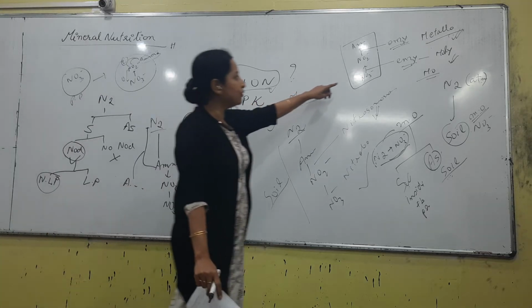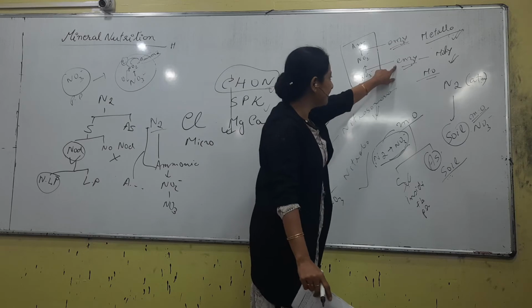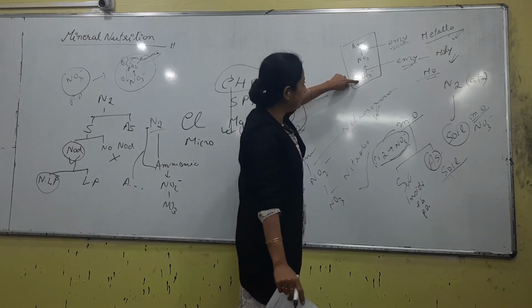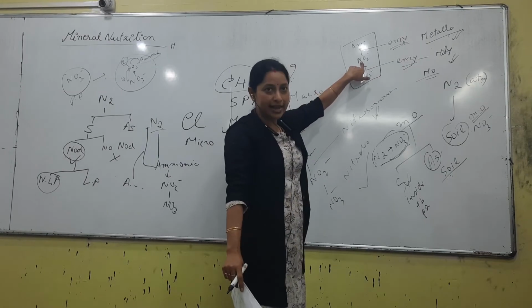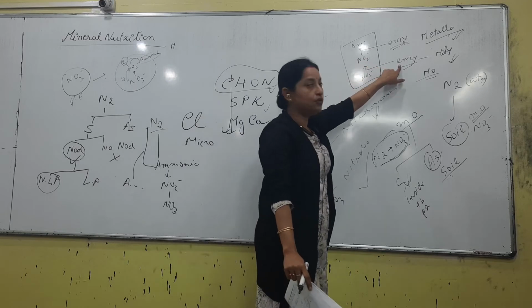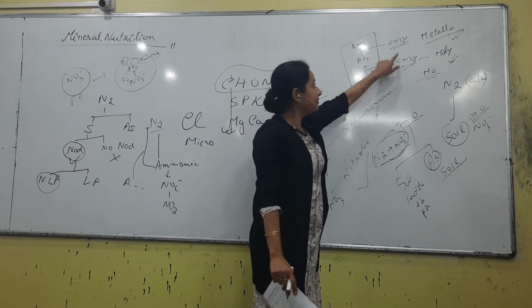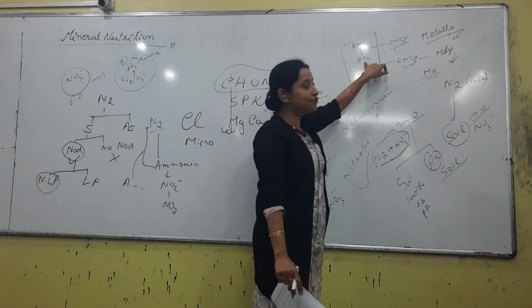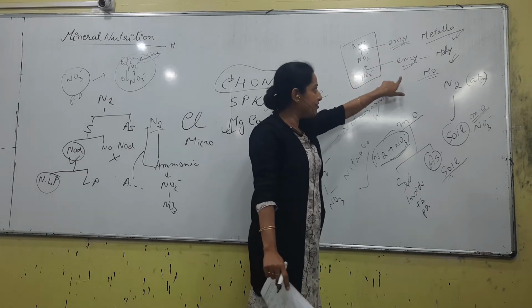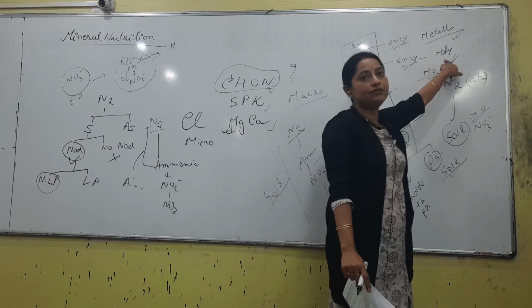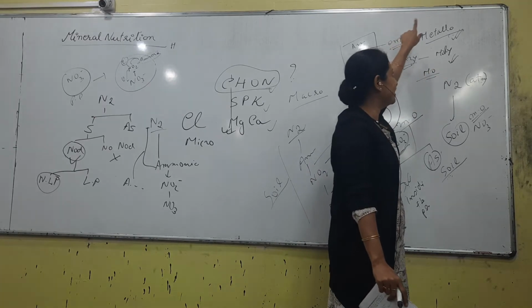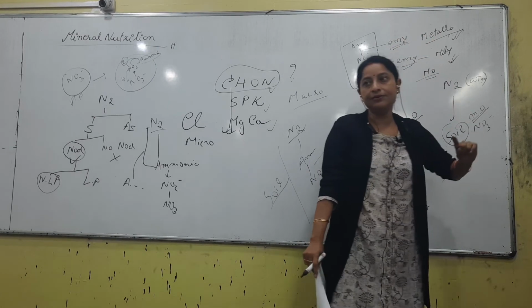Please look into this. This enzyme reduces nitrate to NO2, so this enzyme could also be called nitrate reductase. This other enzyme is nitrite reductase. Nitrate reductase is a molybdoflavoprotein. Nitrite reductase is a metalloflavoprotein. Clear?